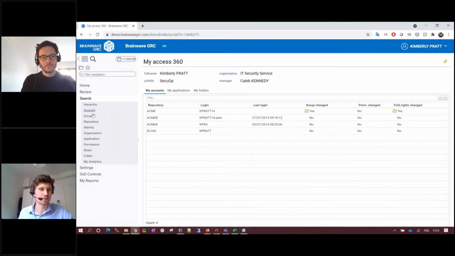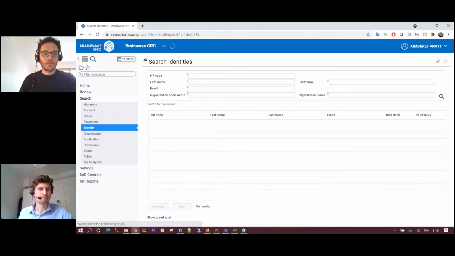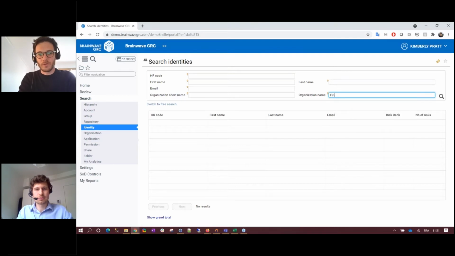So we have the detail of accounts, of the groups you can have on your repositories, the context as well about HR, so identity and organization, everything related to application and permission. So it's the force actually of this kind of tools is to be able to correlate and consolidate any data from any source to mix it all together and to consolidate everything and get some really very interesting analysis. Emmanuel, you are going to show us.